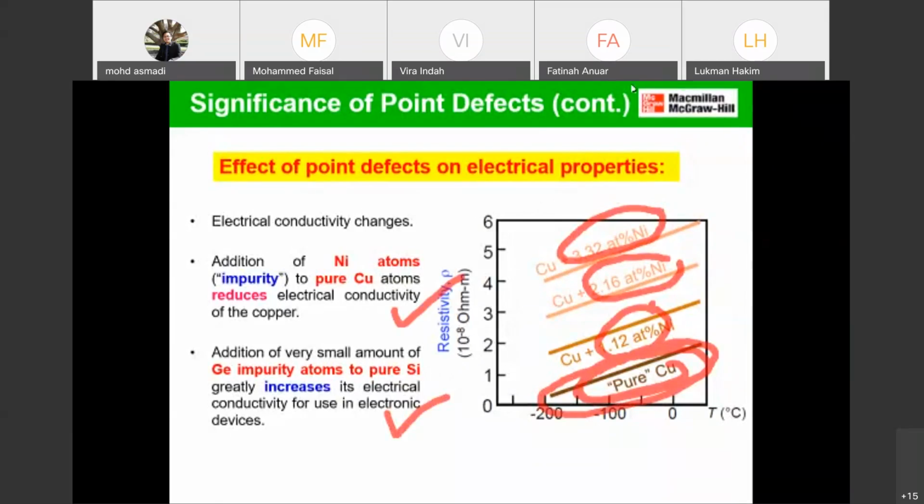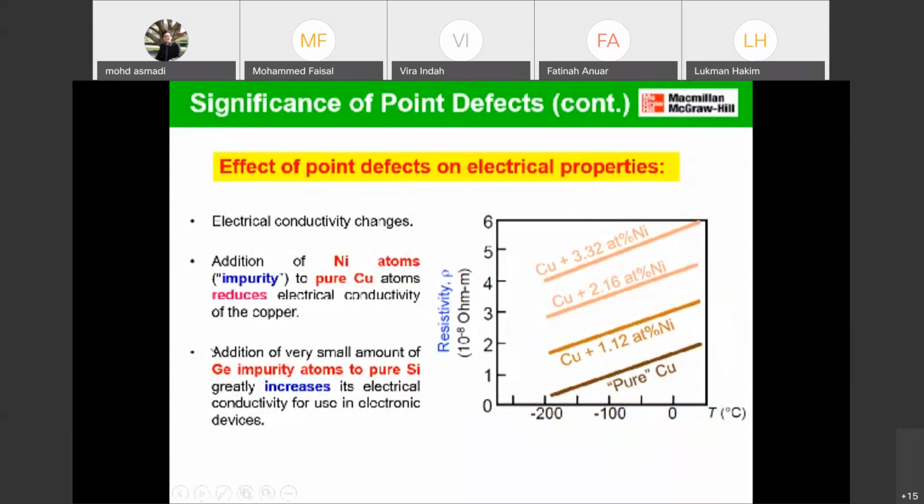Any questions about crystalline imperfections in metals as well as ceramics?